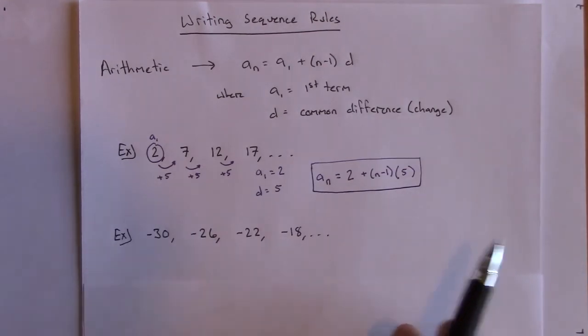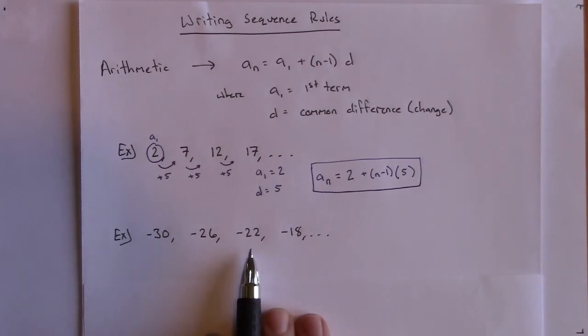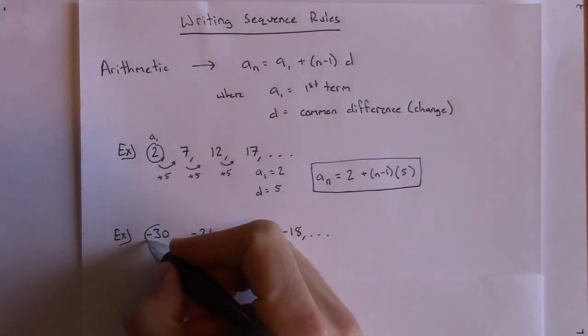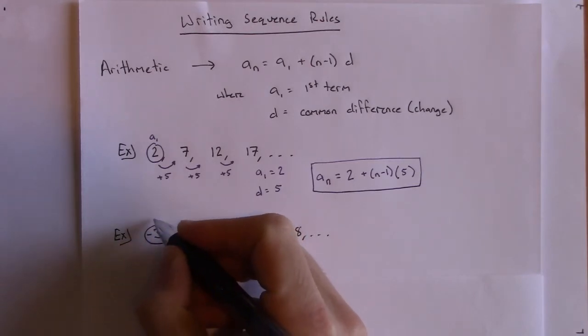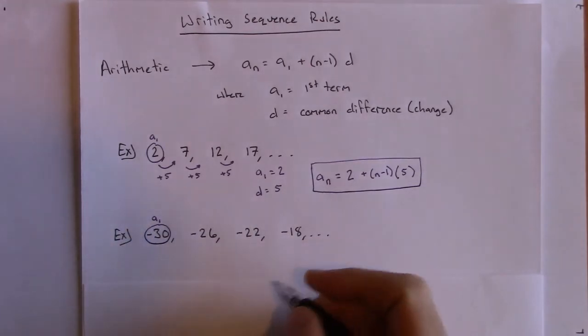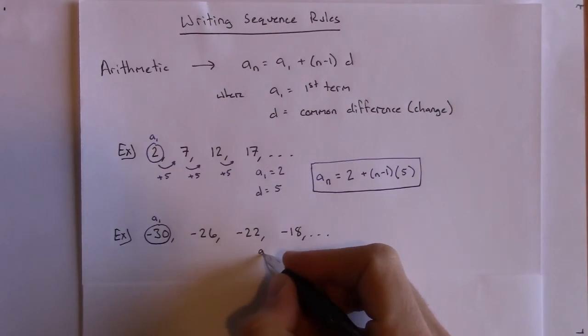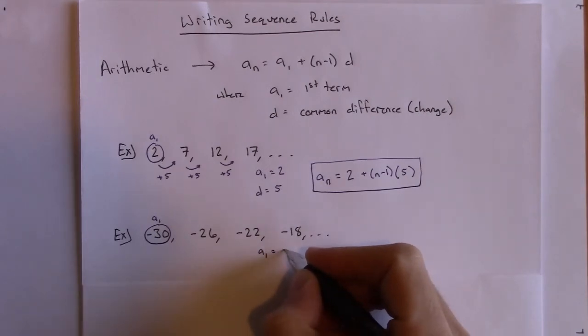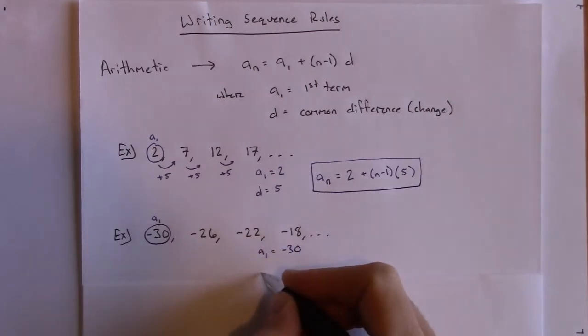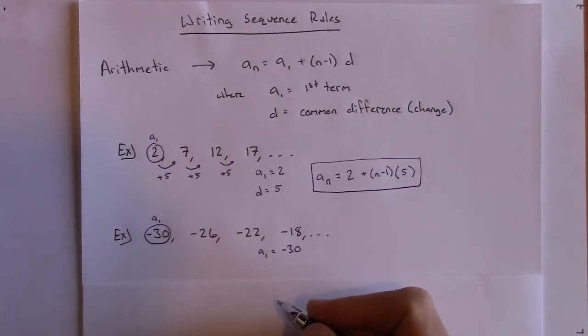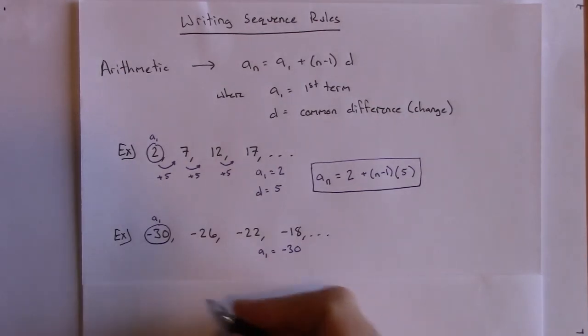I've got this pattern right here, negative 30, negative 26, negative 22, negative 18. The first term's definitely on the easier side. You just find whatever's first in that list. So obviously a sub 1 is going to be equal to negative 30. Now finding d, or my common difference, might be a little bit more challenging.